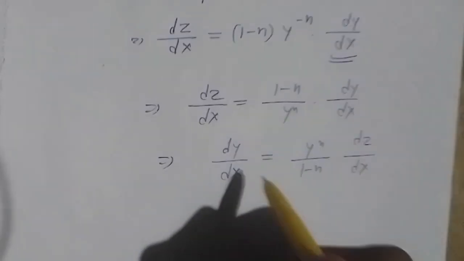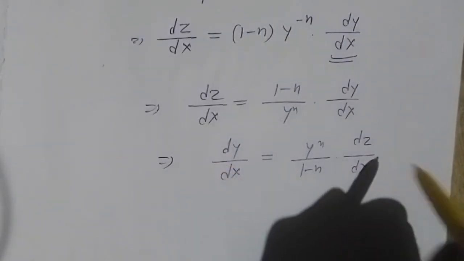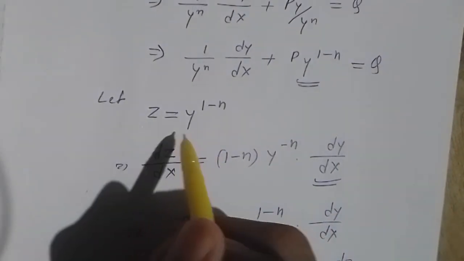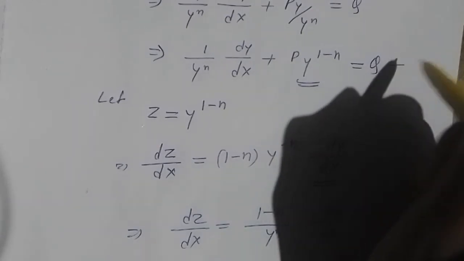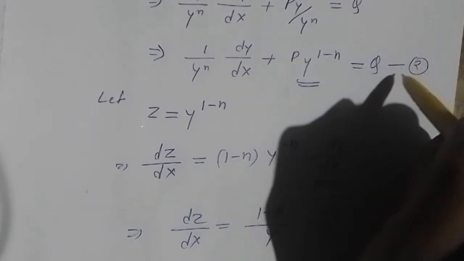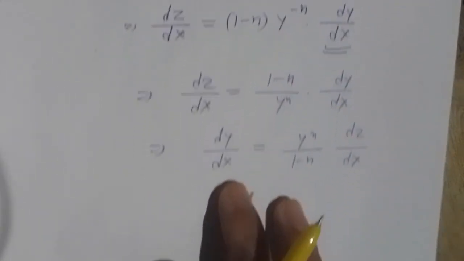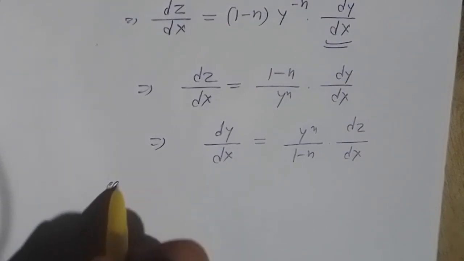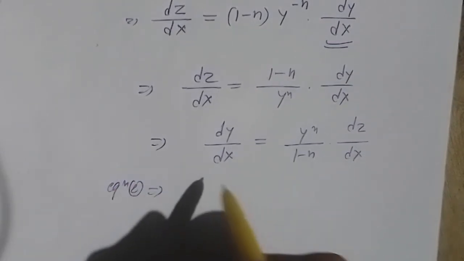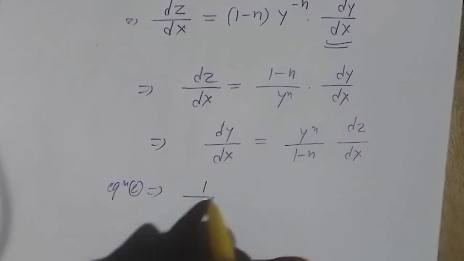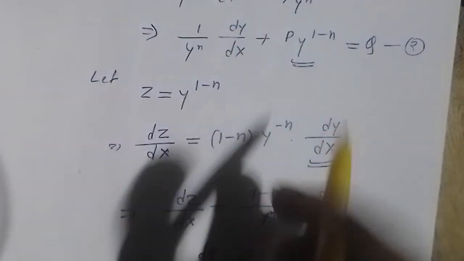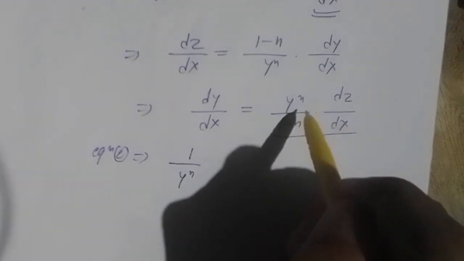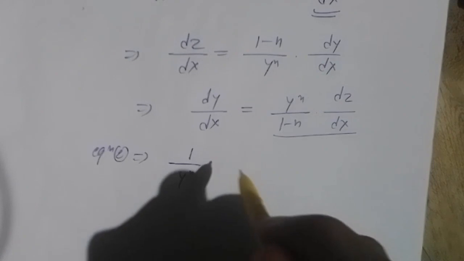Now substituting these values, that dy by dx and z, in this equation, let's name it equation 2. Then equation 2 implies 1 by y to the power n. In place of dy by dx, we can put this value y to the power n by 1 minus n into dz by dx.